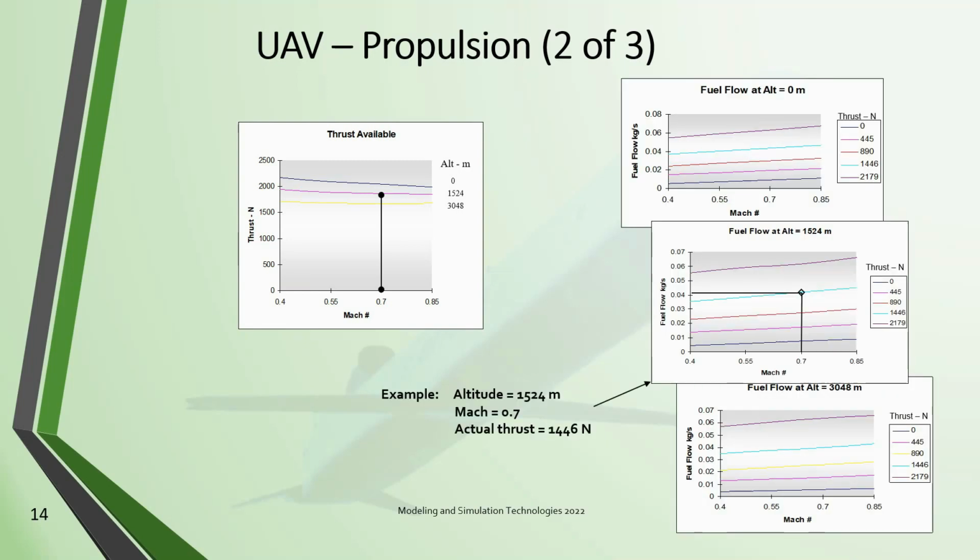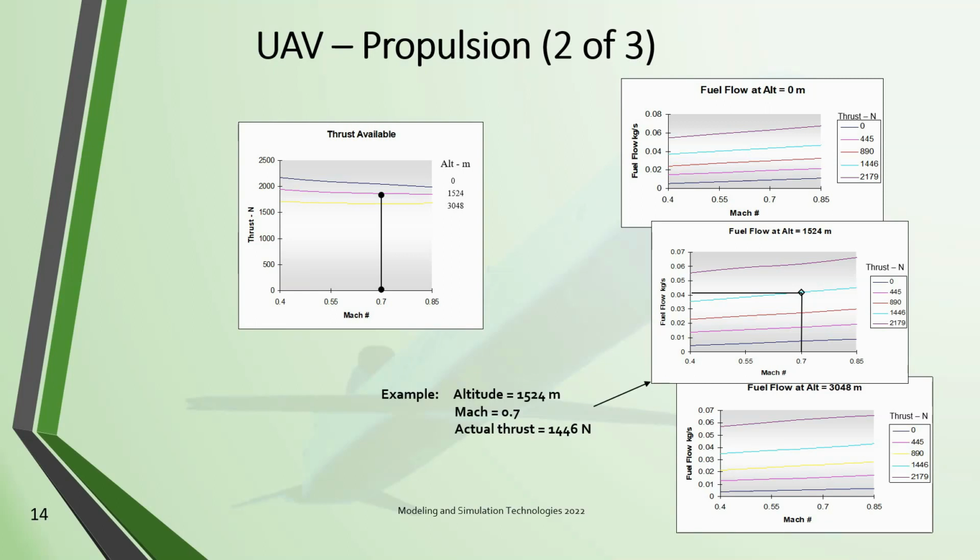To get the fuel flow, we go into several tables. As you see, they are given for different altitudes. In our case, since we are flying at 1524 meters, we use the middle table.